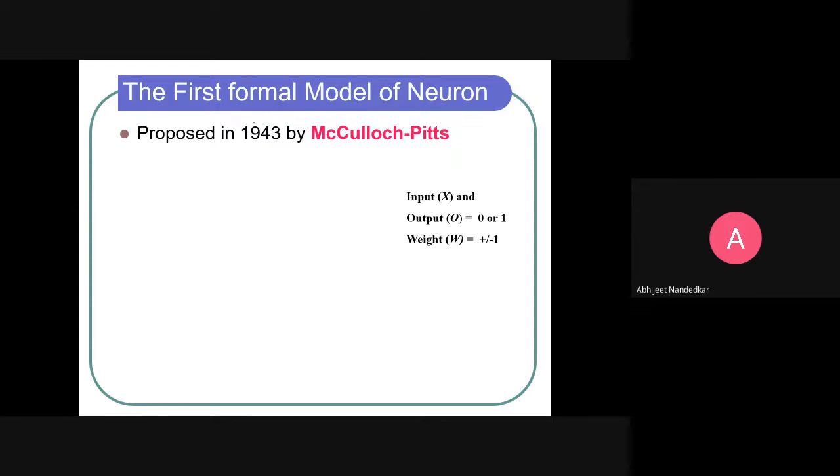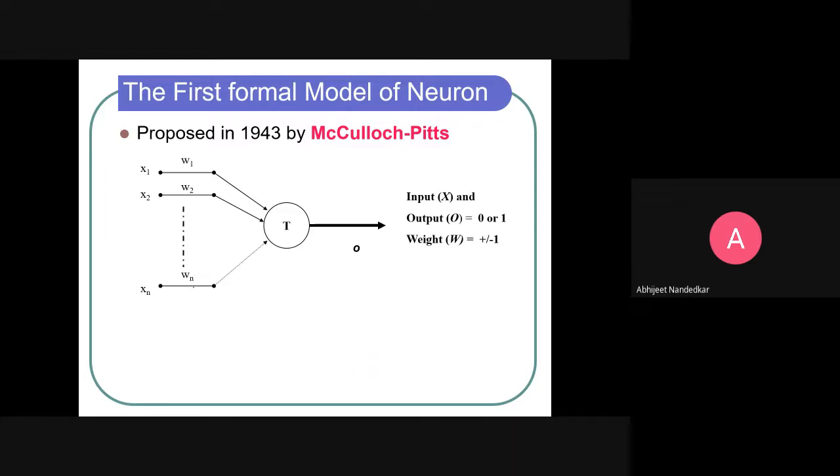So not that far back, it's not that very old, relatively it's new. But you can see the progress is very huge. The very first mathematical model came in '43, and in today's scenario, after say 80 years or so, the world is moving around artificial neural networks or artificial intelligence.